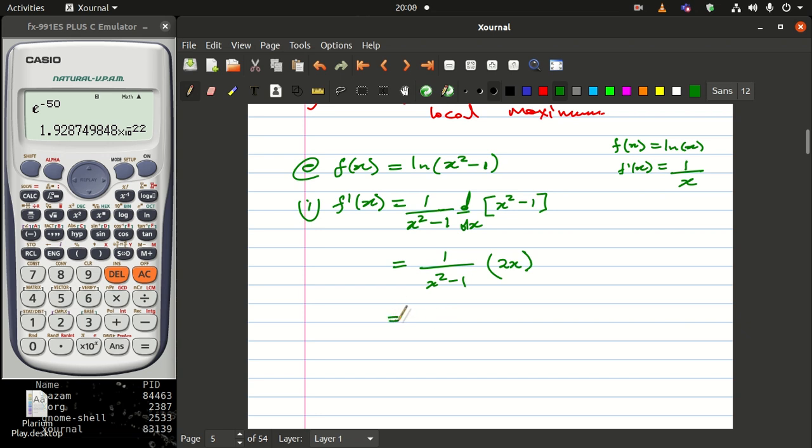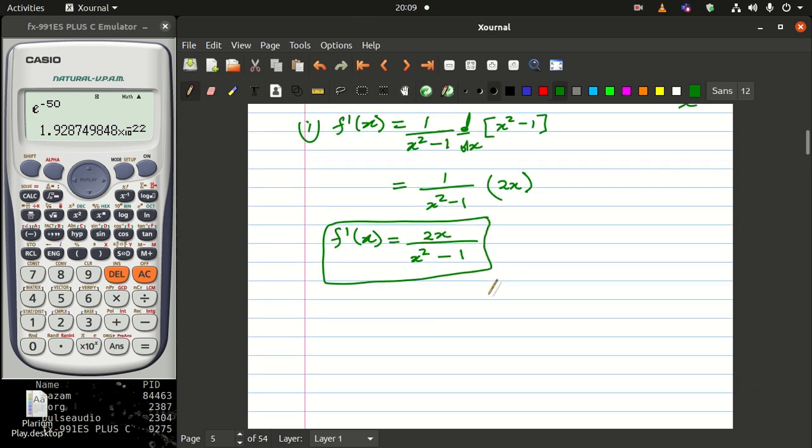And this nice thing here is going to be 2x divided by x squared minus 1. And from there, you can see that f prime of x is equal to that. That is the first derivative that we have.